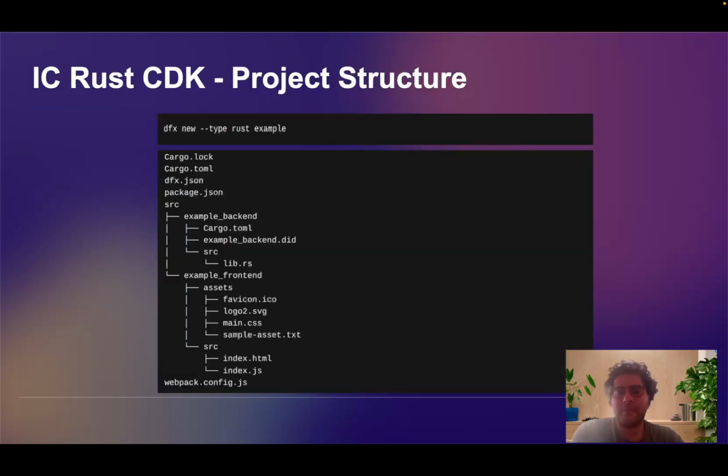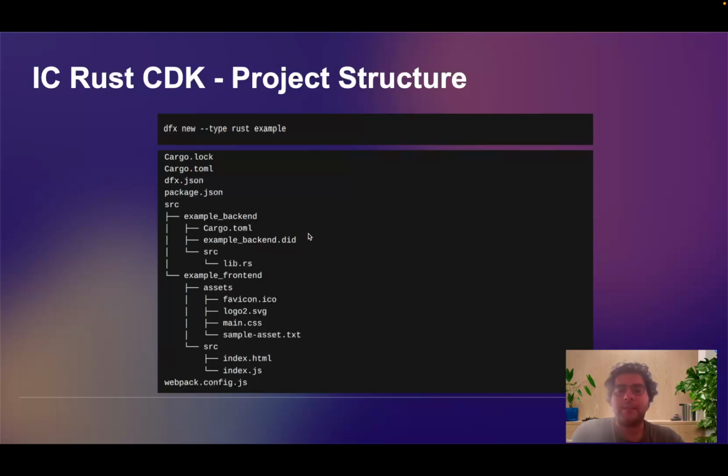So how can we create a new application? For example, if we want to create an application with Rust, we use this command, dfx new --type=rust, and the name of our project. And we have a project structure like this. Most of our code is in the src folder. Here we have our backend and frontend subfolders. In the backend folder, Cargo.toml is used for our dependency management.